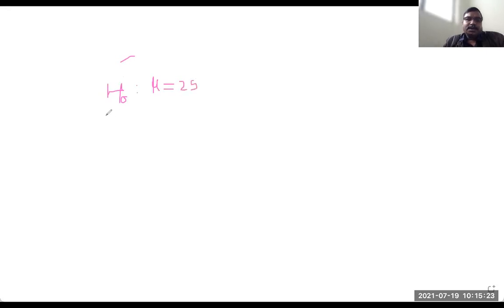Then what should be the alternate hypothesis? As you know, the alternate hypothesis should consist of all the possible outcomes not covered by the null hypothesis. So here mu not equal to 25 will become our alternate hypothesis.